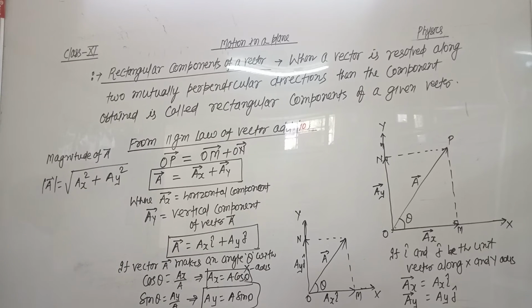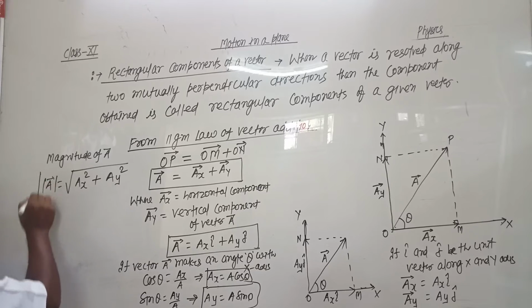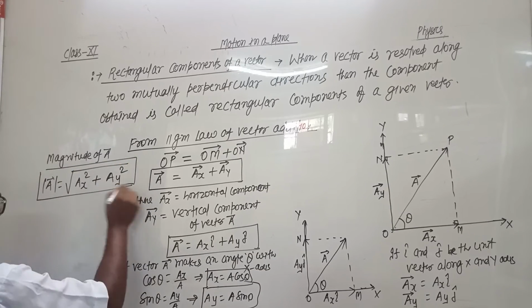A equals under root of AX square plus AY square.